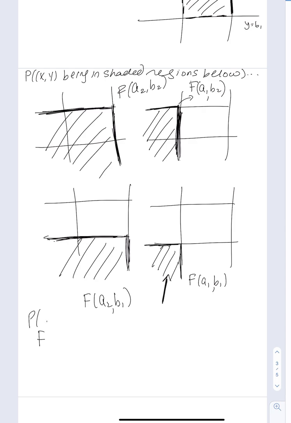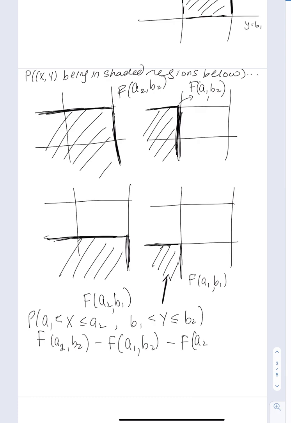So the probability of A1 less than X less than or equal to A2 intersect B1 less than Y less than or equal to B2 will be F of A2, B2, minus F of A1, B2, minus F of A2, B1, but then you've double subtracted the region in this last picture on the bottom right, so you add that in.